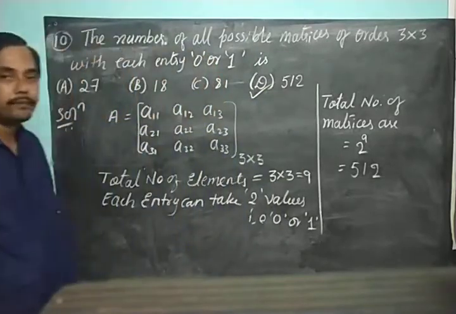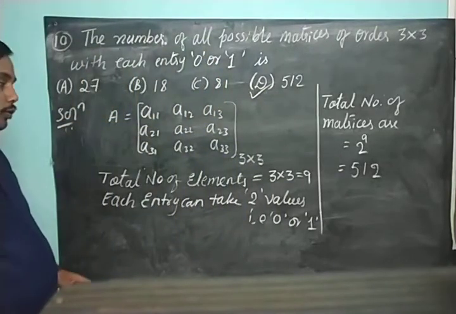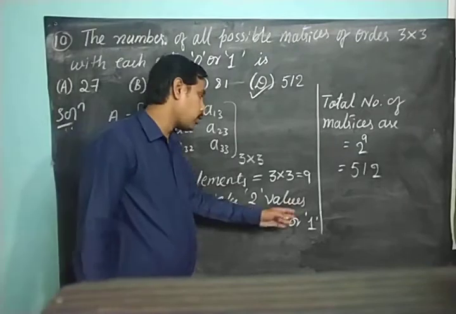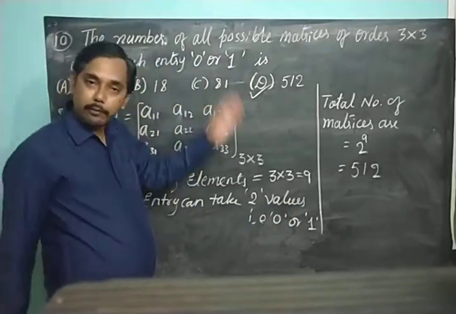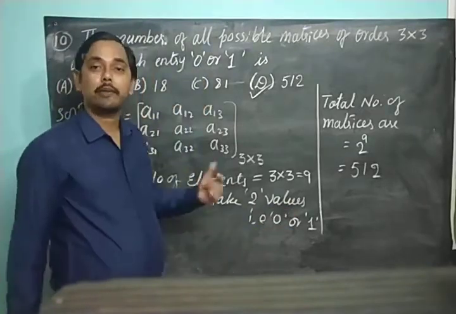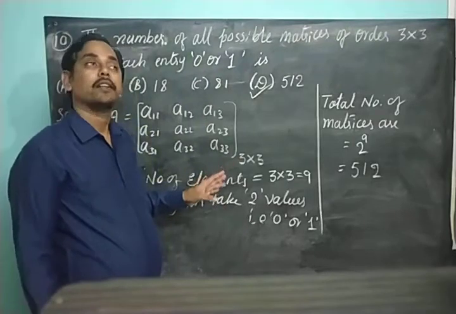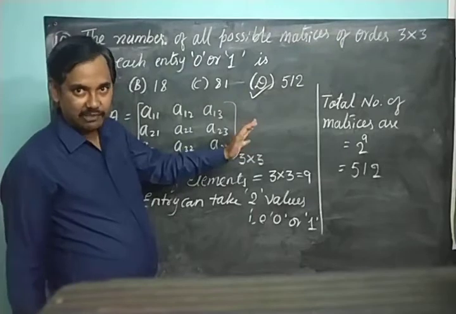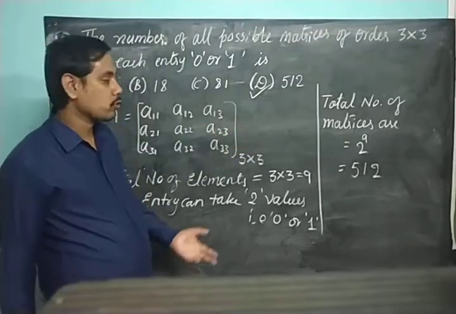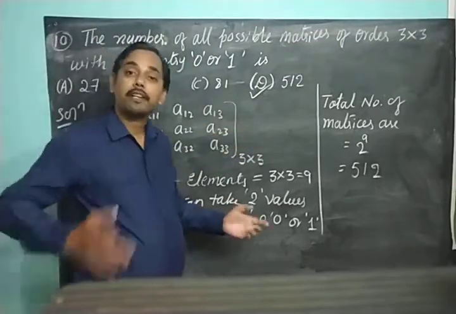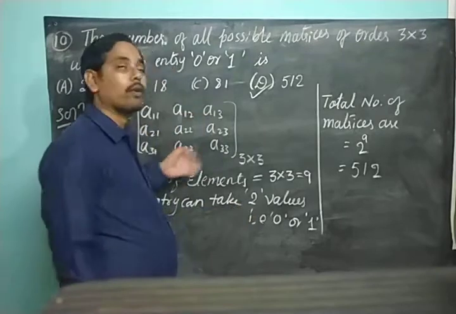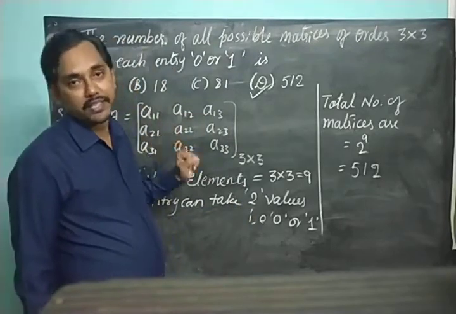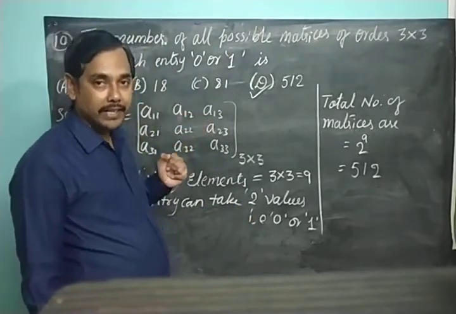Is that clear? So don't get confused that they have given 0 or 1. In one set it will be all 0 and in another set it will be all 1. Apart from that, there are different matrices involving 0 and 1 in different cases.